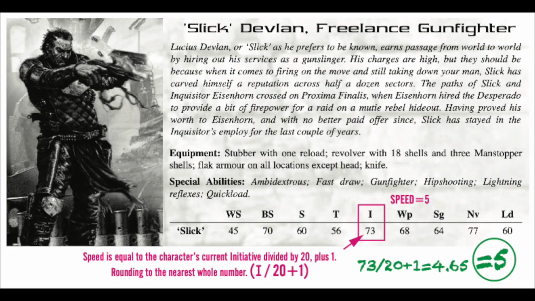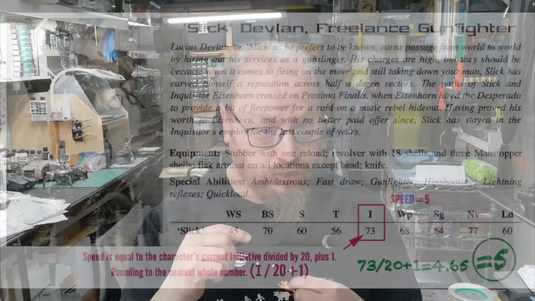And if there's any ties with multiple characters, it goes to the initiative, and then if that's still tied, you're going to just do a dice off and that person goes first. And that is the turn sequence in a nutshell.